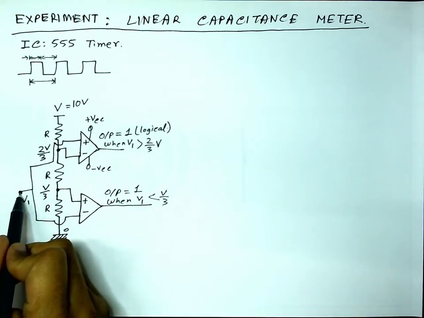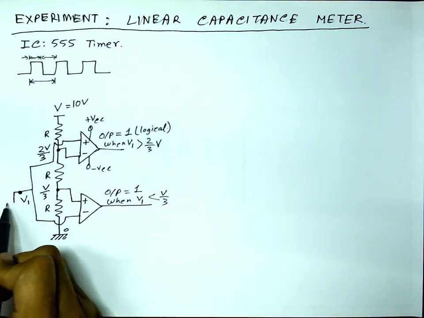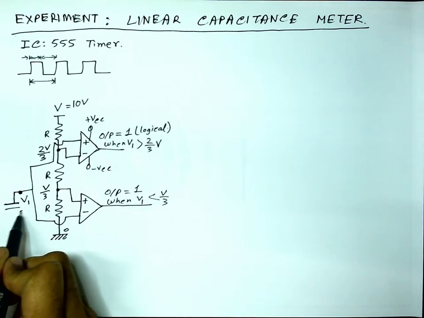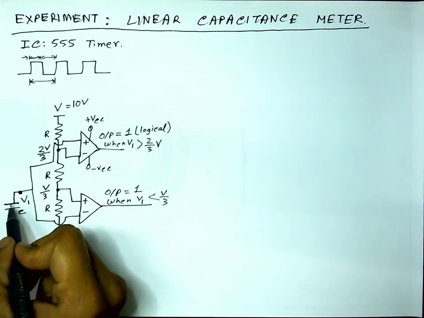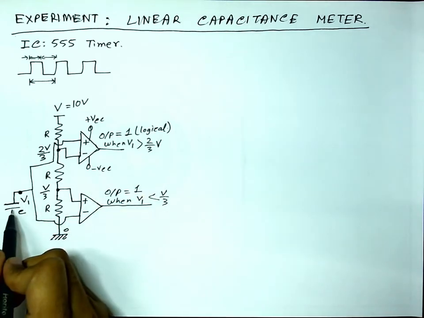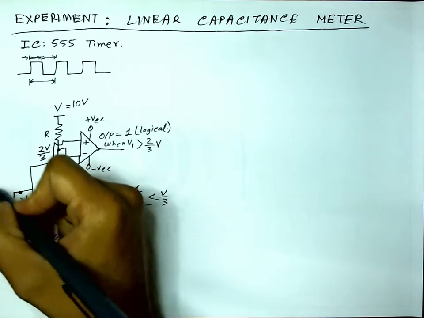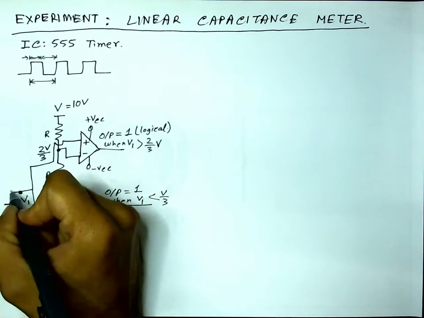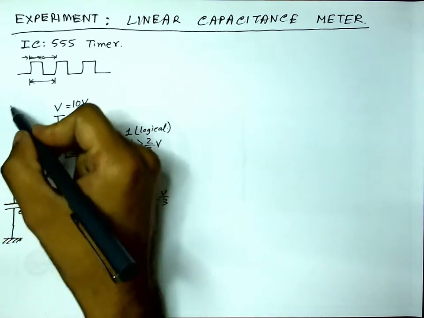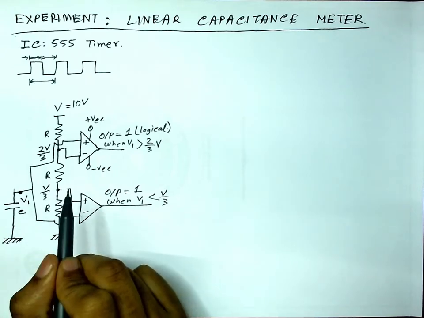So this V1 is connected to a capacitor like this. Let this be a capacitor C, which gets charged and discharged periodically. So let me ground one terminal of this capacitor, and through the other terminal this capacitor can get charged or discharged.